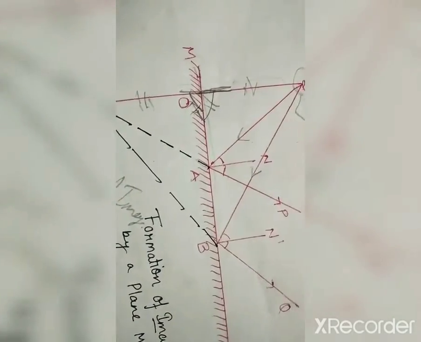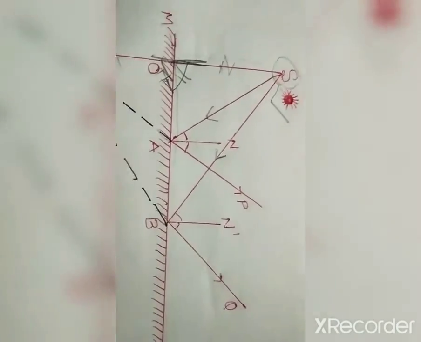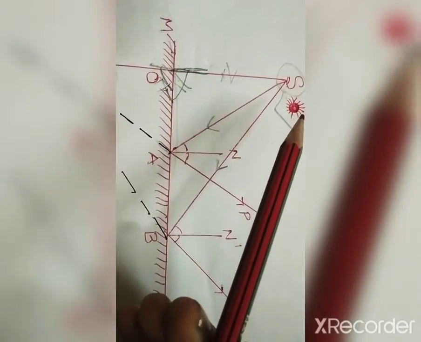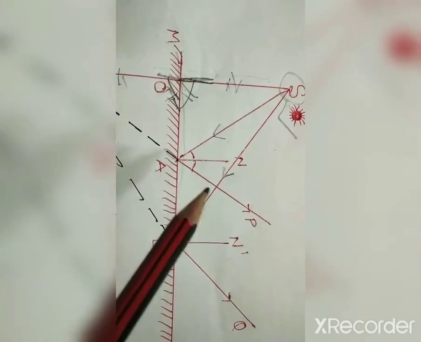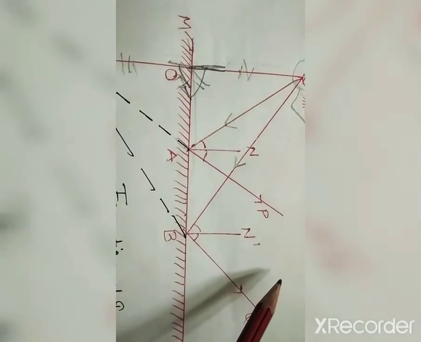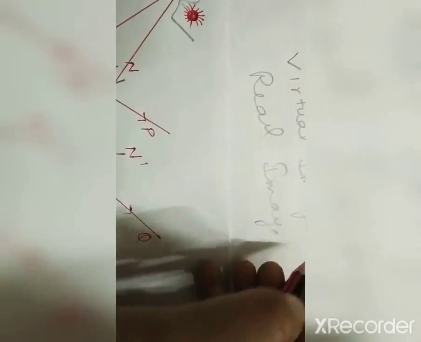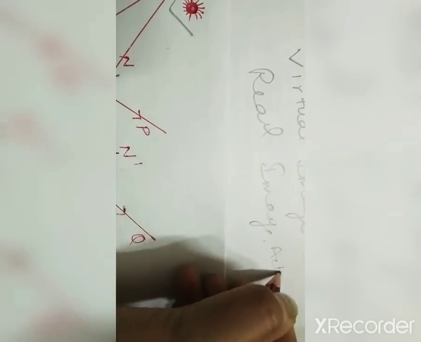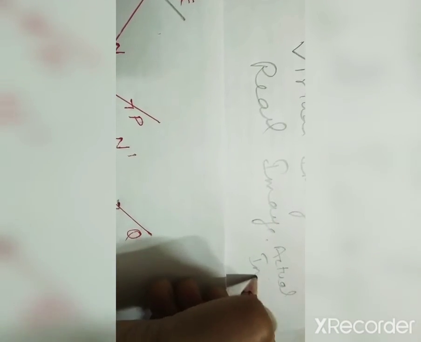And the real image is the image which is formed by the mirror due to the actual intersection of the reflected rays.